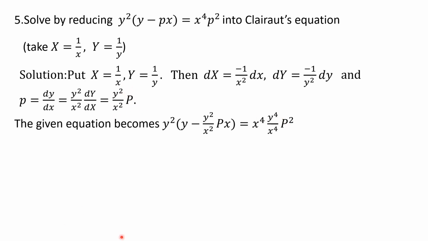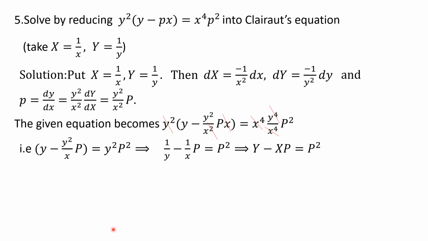So simplify, see here some of the terms get cancelled, x power 4 gets cancelled, x square we can cancel, y square on both sides we can cancel. So it gives y minus y square by x P is equal to y square P square.